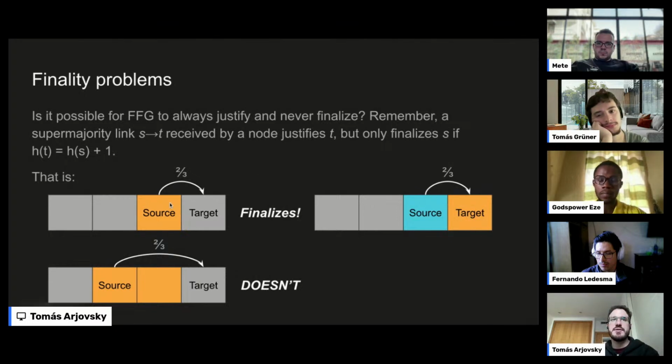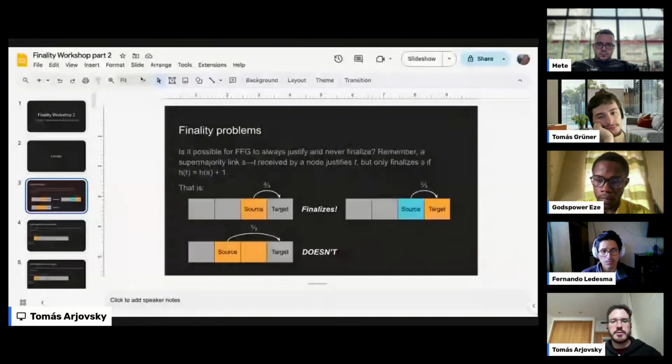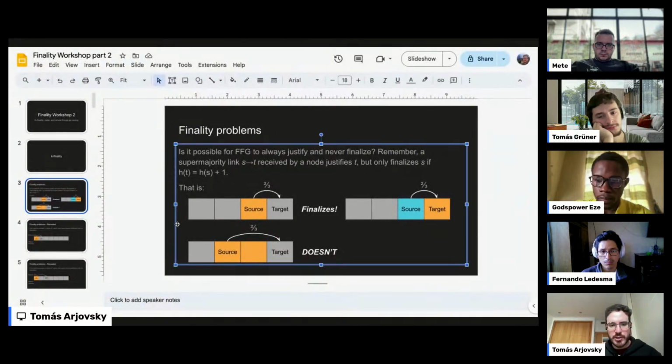But this only happens if these two are consecutive. If I have something in between, the rules say that this cannot be finalized. The only thing that happens, I didn't include it here, but I will. Sorry, let's just quickly edit this.